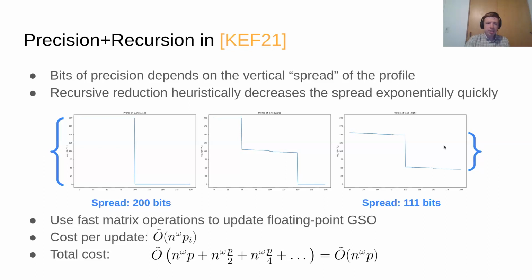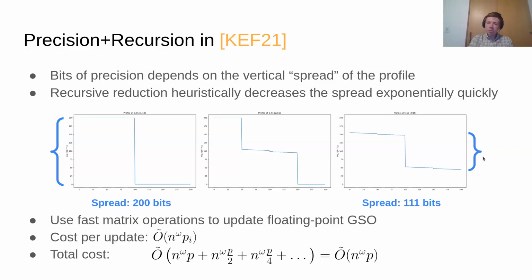So as an example here, we have this Z-shaped basis on the left, where the spread is 200 bits because that's the difference between the maximum and the minimum. And then after the first recursive reduction that reduces these middle 100 vectors, that middle is now flattened out. And after the second and third recursive reduction that flattens out these first 100 and these last 100 vectors, we once again have this Z-shaped basis.